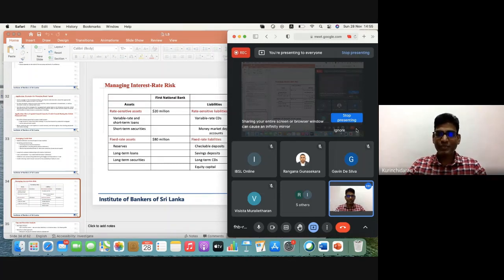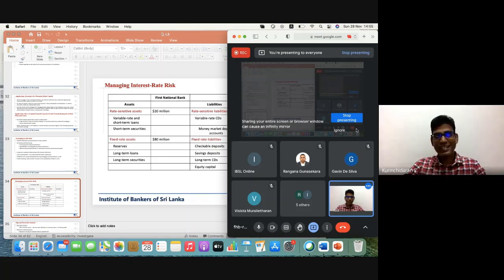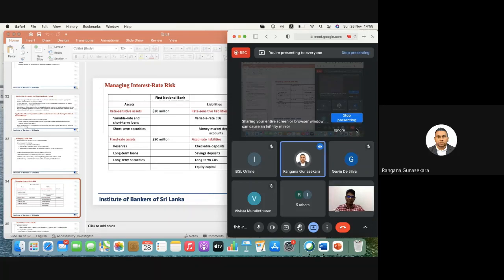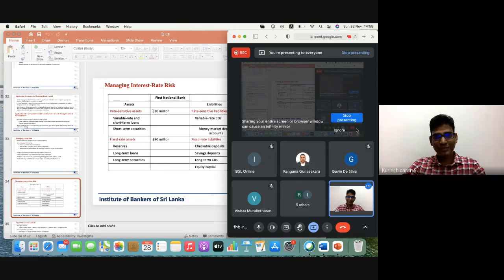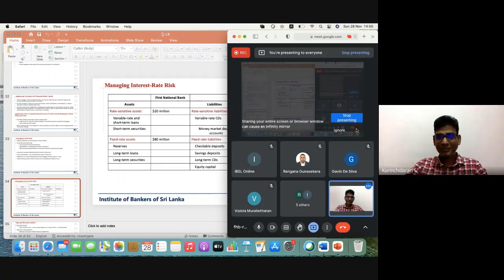Rangana, which gap is better? Positive. Why is that? Assets are higher than liabilities. Therefore, in any case, if we have to meet our liabilities, we can go for assets, realize our assets. What do you mean realize our assets? Are you going to sell it off?